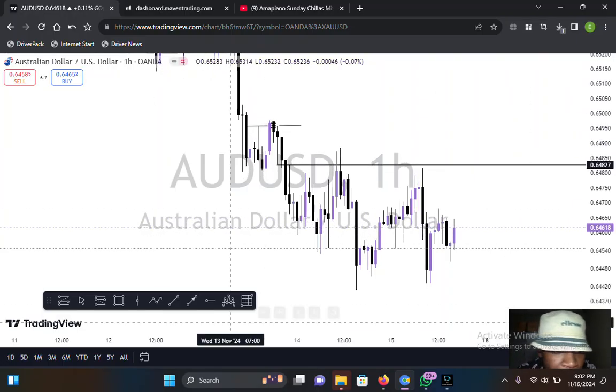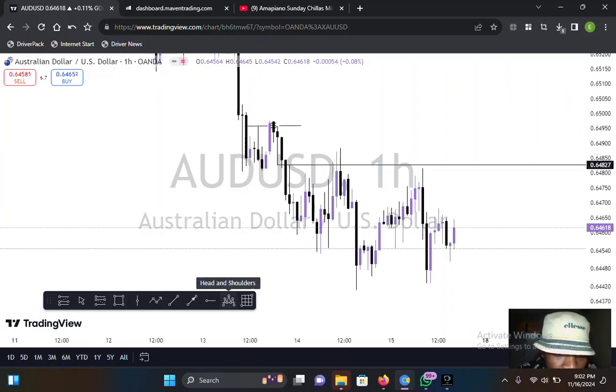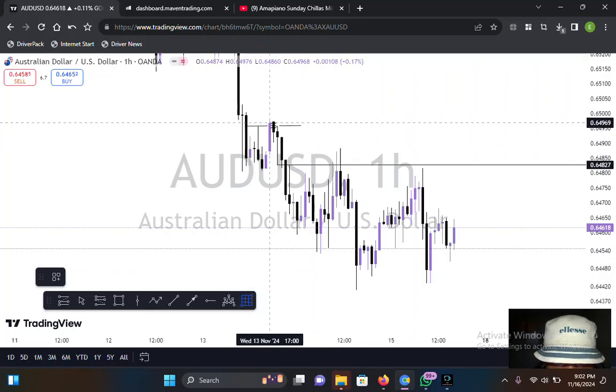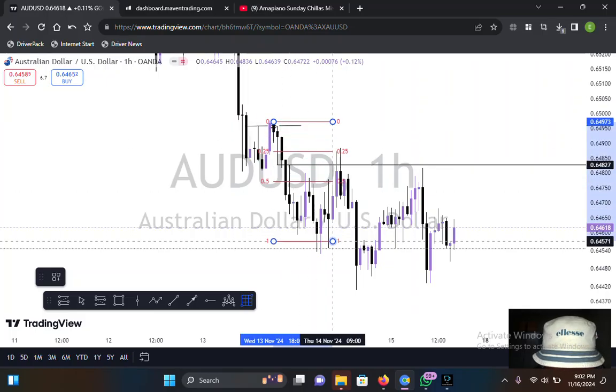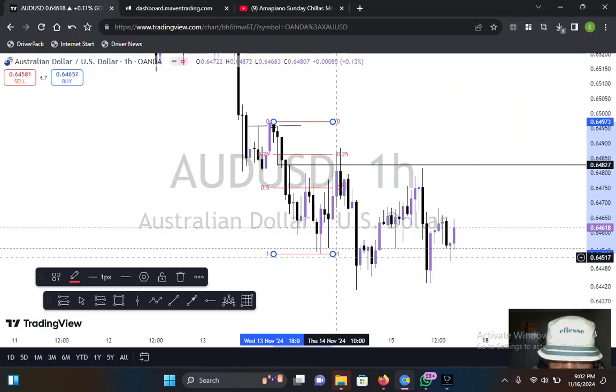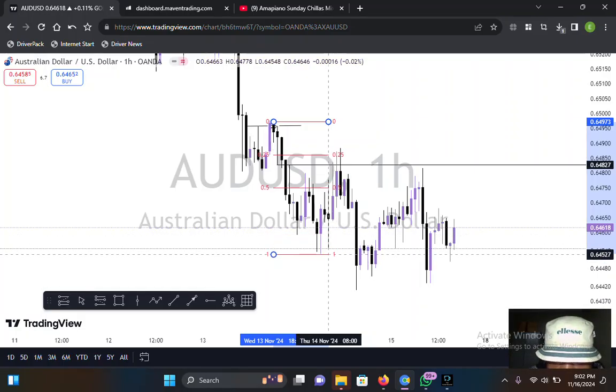Right now we have to observe where the market is more likely to retrace back to. So in mind, we already know that this was the move from that liquidity sweep to actually this high that was created here.